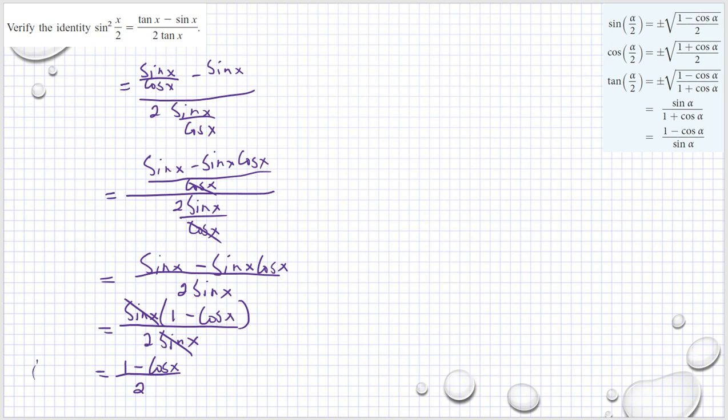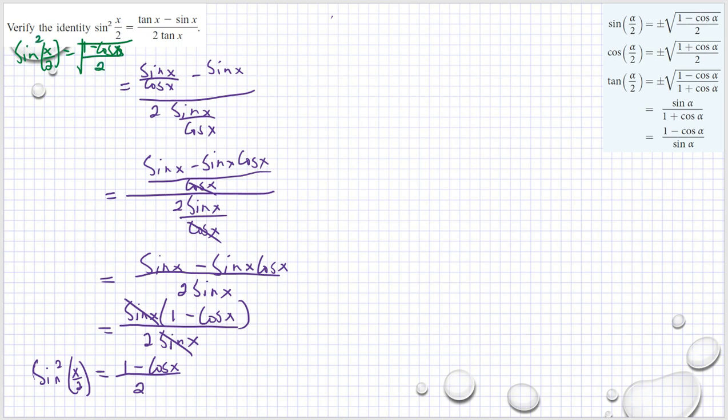This is equal to sine squared x over 2. Why? We know that sine x over 2 is equal to the square root of 1 minus cosine x over 2.